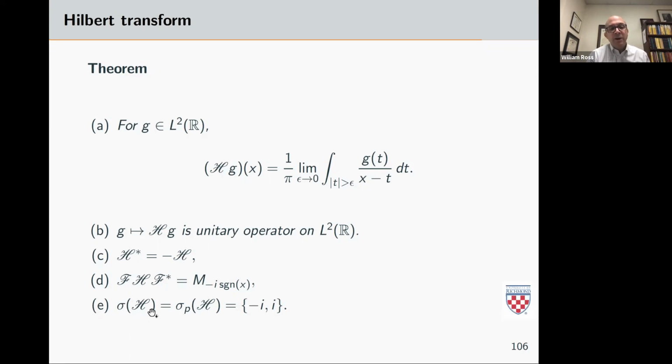I know the spectrum of a multiplication operator is the essential range, and that's the range of this function, i times this signum function, which is either i or minus i. I can also pick out the eigenvalues, just by looking at what we discussed earlier with multiplication operators. There are two very significant sets for which this symbol takes on the value i and minus i.